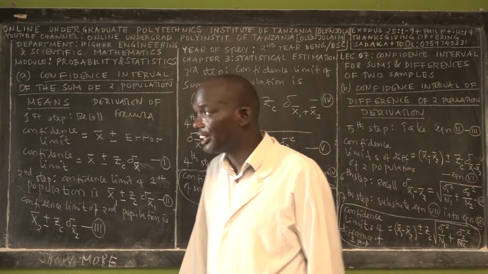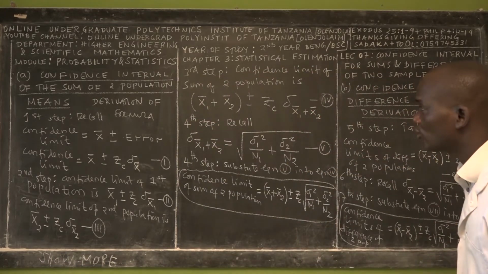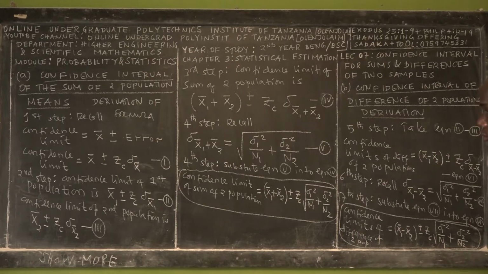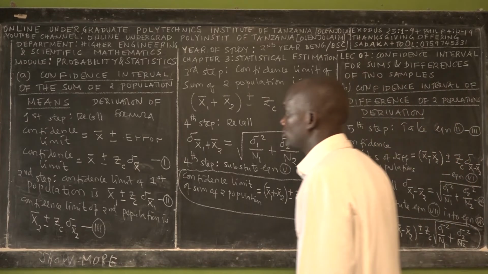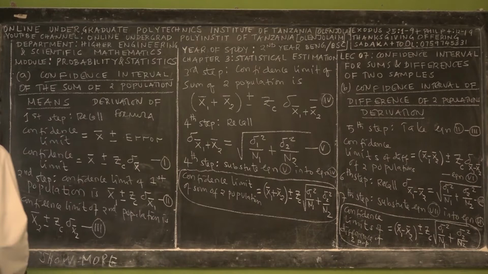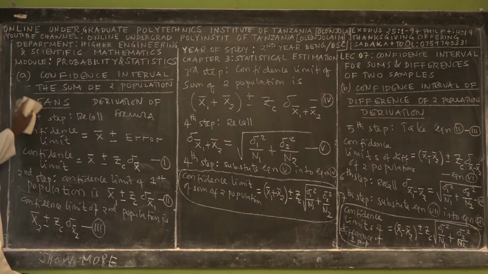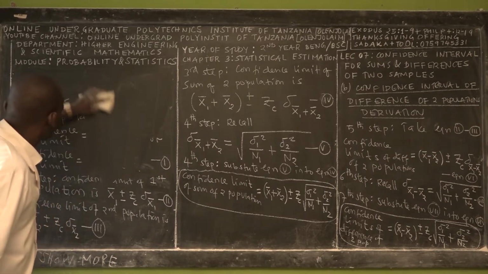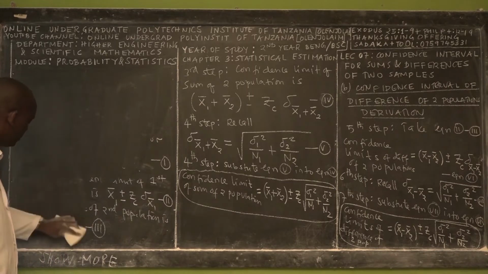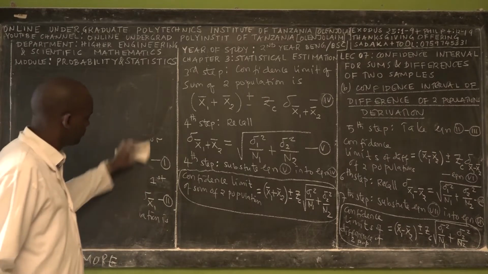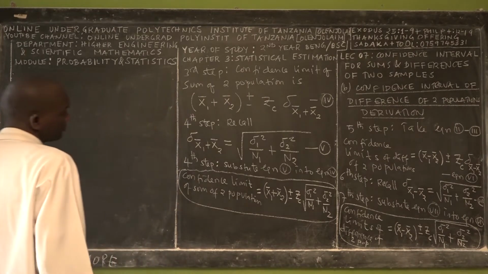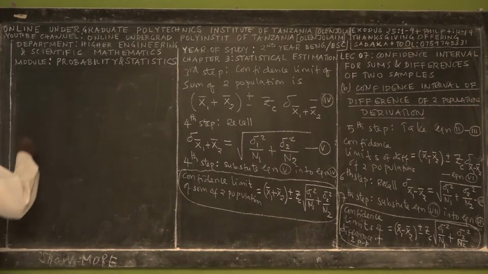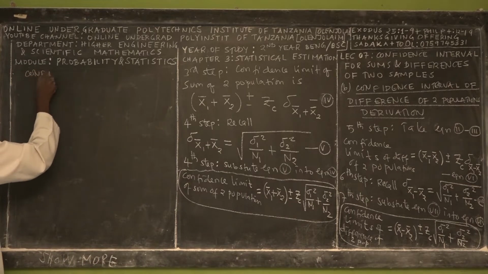So let us go into the next part, where we'll be focusing on the confidence interval of two proportion populations.